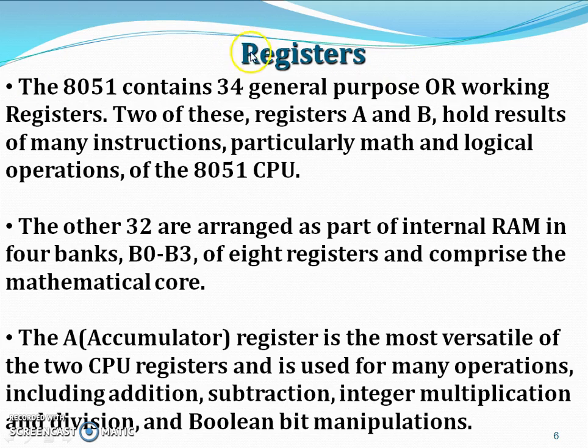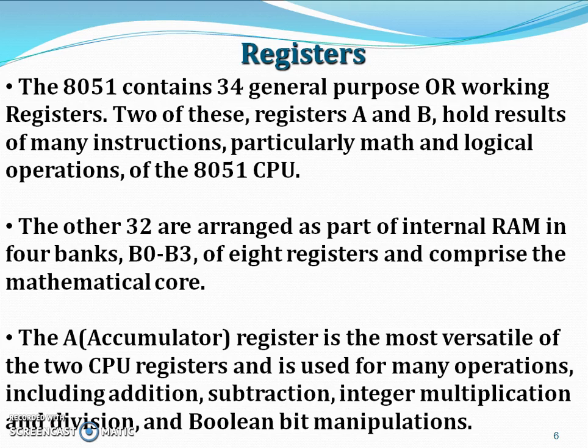Various registers available in the 8051. The 8051 contains 34 general purpose or working registers. Two of these registers, A and B, hold the results of many instructions, particularly mathematical and logical operations of the CPU. Now see, registers A and B we mostly and compulsorily have to use in the mathematical operations we perform in the 8051.